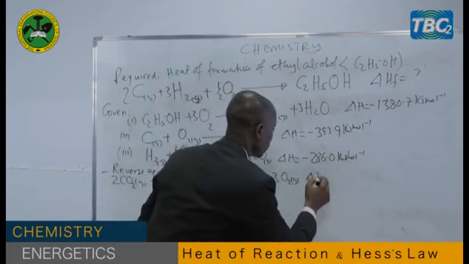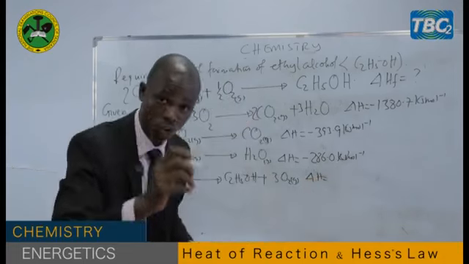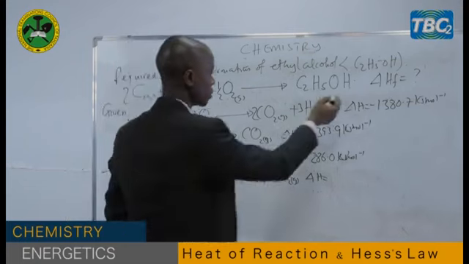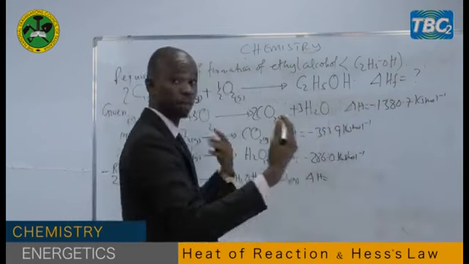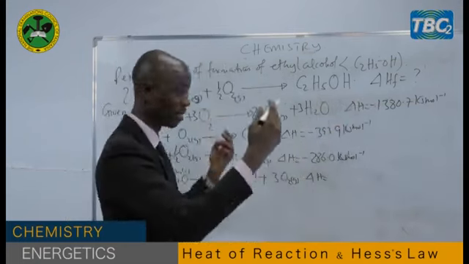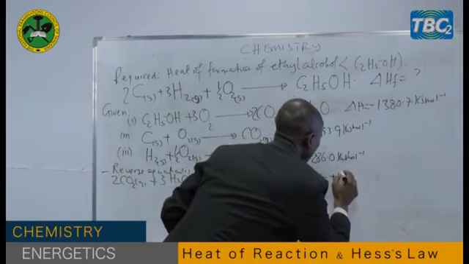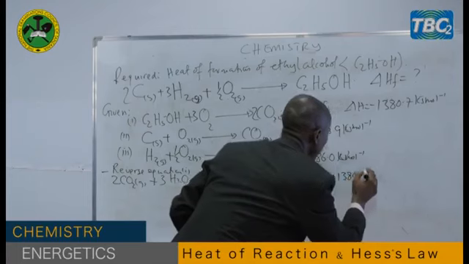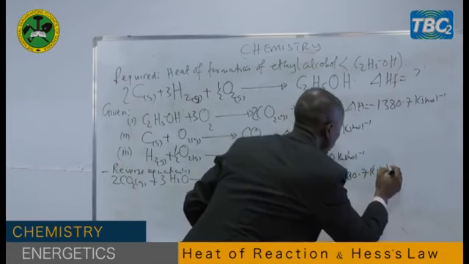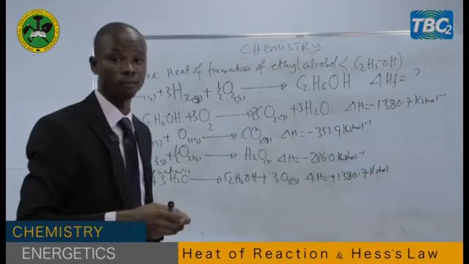The enthalpy change for this reaction will also change in sign. It was negative, now it becomes positive because we have reversed the equation. So here it will be positive 1,380.7 kilojoules per mole. That is number 1.